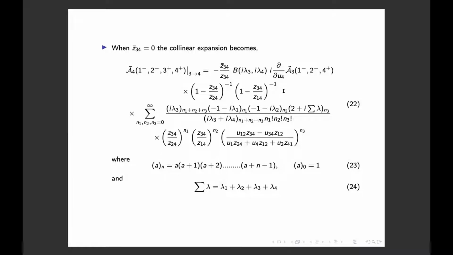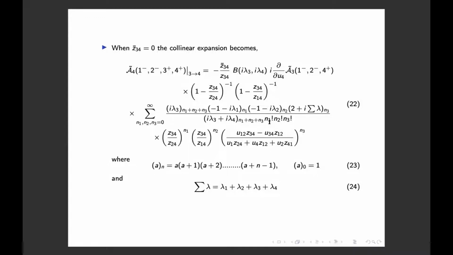So if you set just z bar 34 equal to 0, then this A tilde becomes z bar 34 by z34 times all these multiplication factors, and then you have this infinite sum.